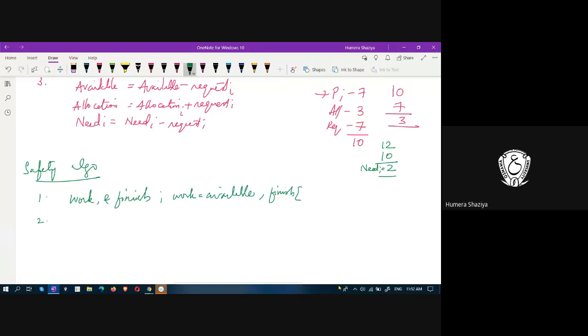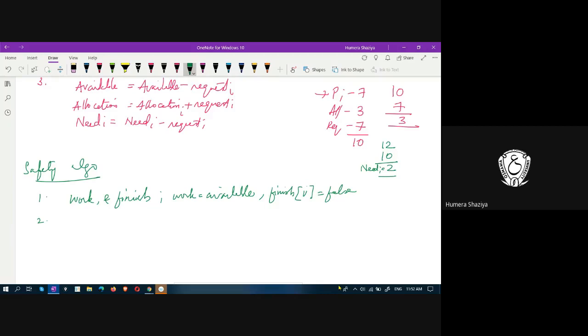And then for every I, when a process finishes its execution, then finish of I would be equal to true. Otherwise, it is equal to false. Initially, all finish values are initialized to false, means no process has completed. And that is the first step.